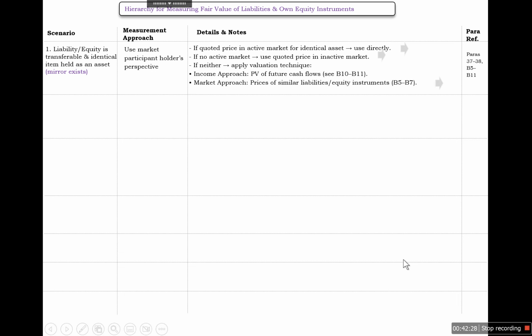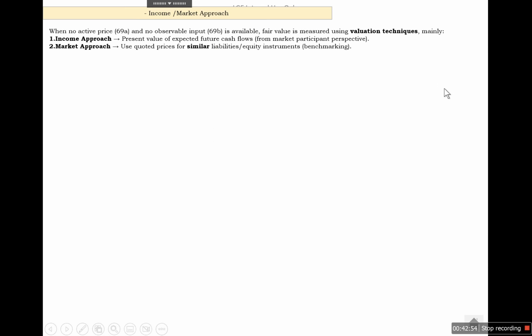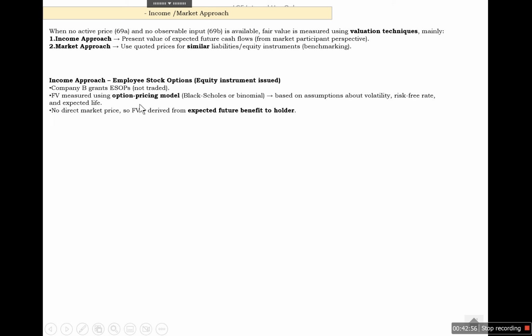So next, if there is no quoted market price, or there is no active market, we need to use a different valuation technique. For example, the income approach, where we calculate the present value of future cash flows, and the market approach, where we check prices of similar liabilities and equity instruments for valuation purposes. So this is an example of the income approach regarding ESOPs.